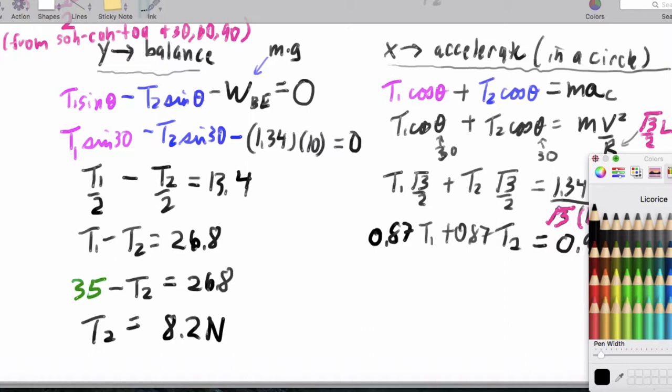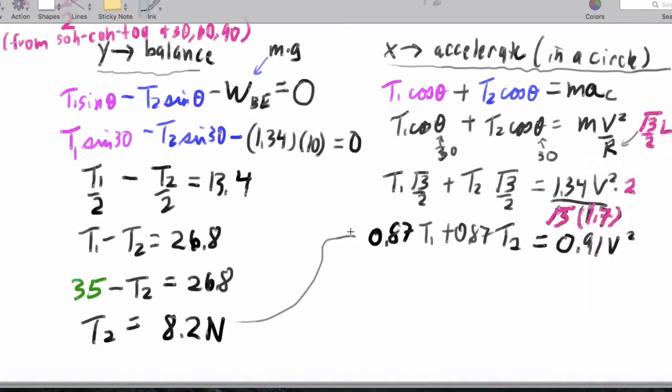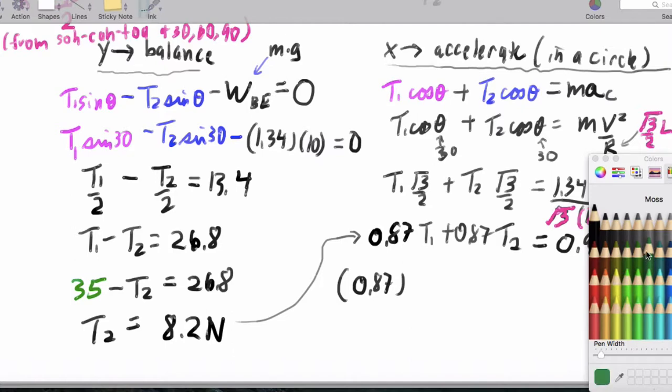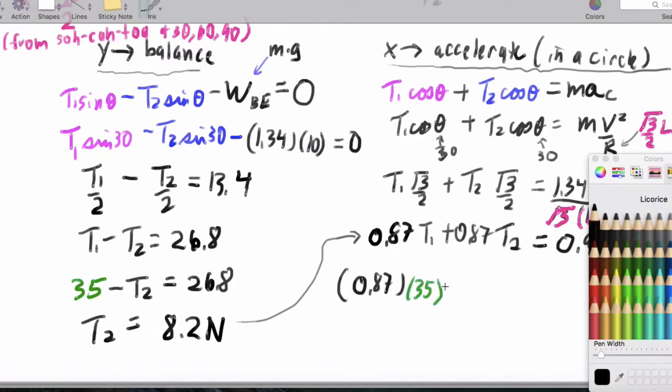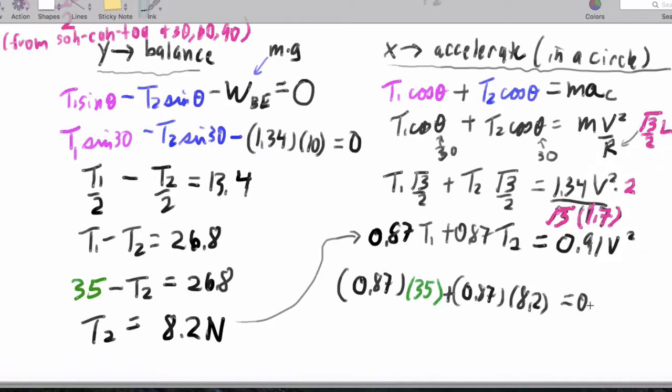And I can actually go ahead and use that right here. So I get 0.87 times 35 plus 0.87 times 8.2 equals 0.91 v squared.